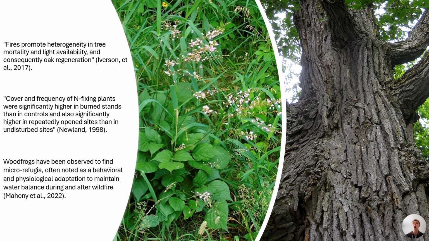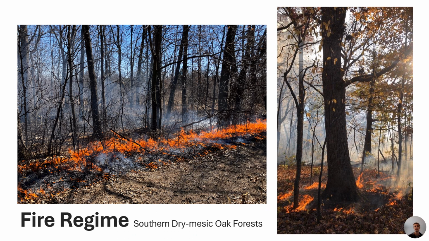Fire also hollows out dead heartwood, especially in red oaks, contributing to this potential habitat, while ground-dwelling animals like the wood frog have been observed to find microrefugia, often noted as behavioral and physiological adaptations to maintain water balance during and after wildfire.